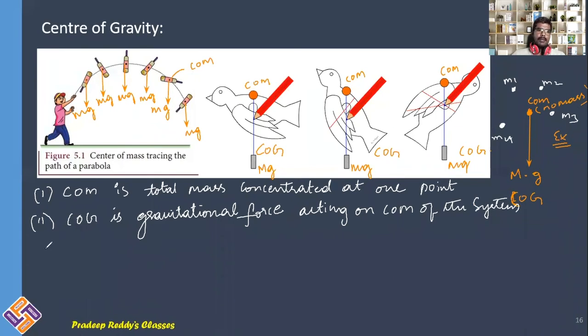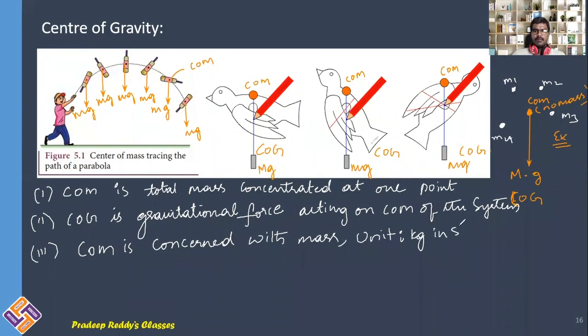Right? So remember that center of mass is concerned with mass, and its unit is kg in SI system and gram in CGS system.